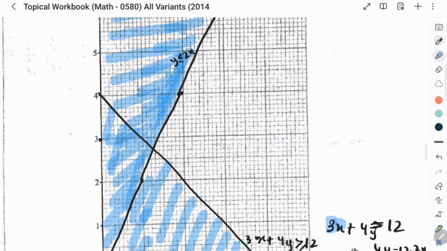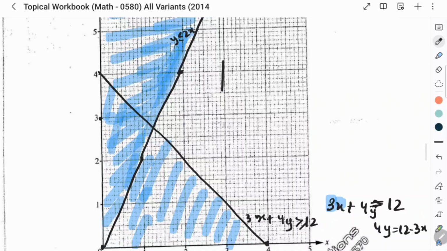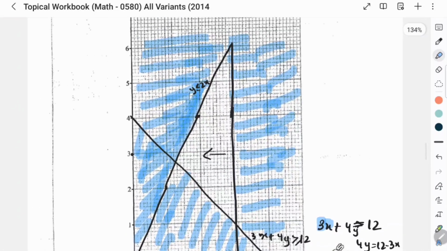So just make a vertical line at 3. Here x is less than or equal to 3. It means the region is over there. So you just shade. So this is your region.